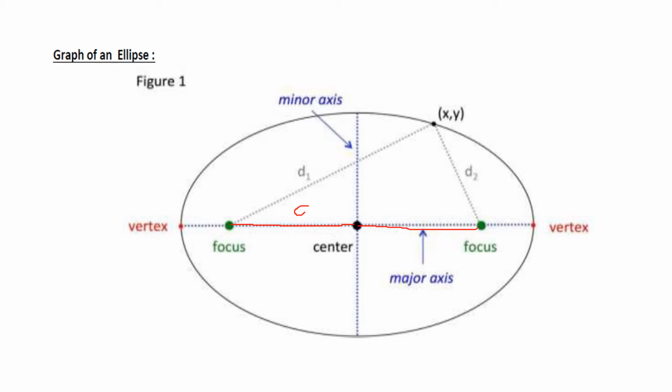Okay, from the center going to focus is C. And for our major axis, we are using A. So from the center going to the vertex, that is A. Another from the center going to the vertex, that is A. So therefore, our major axis is 2A.